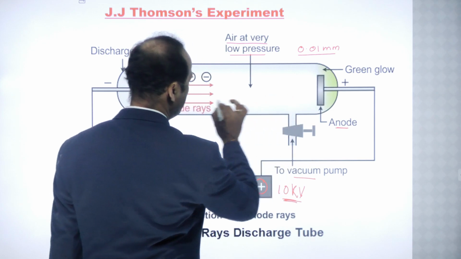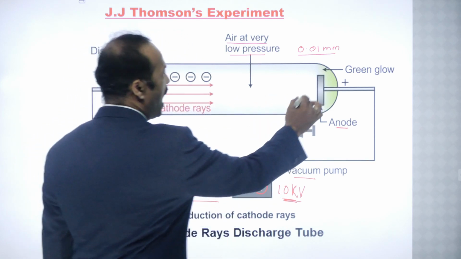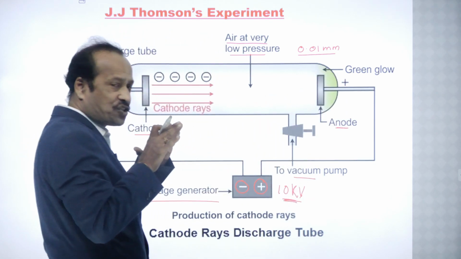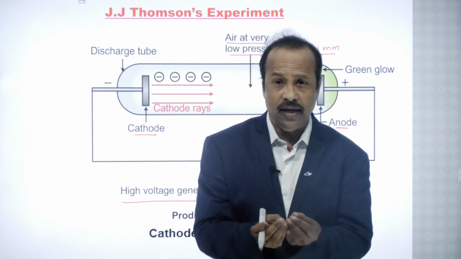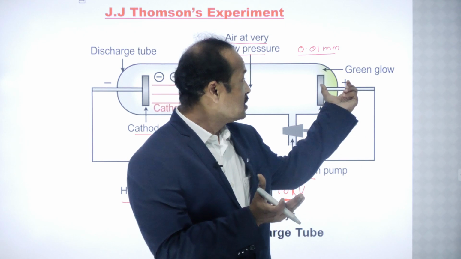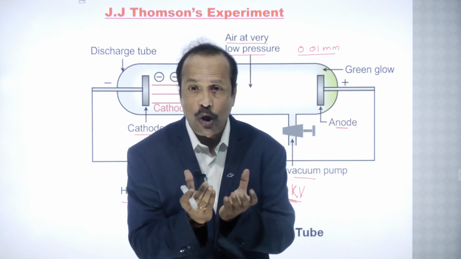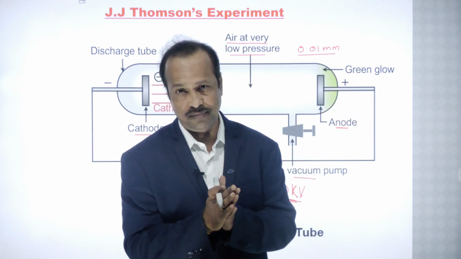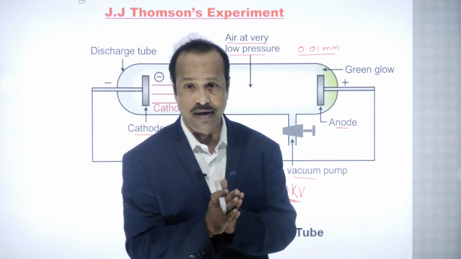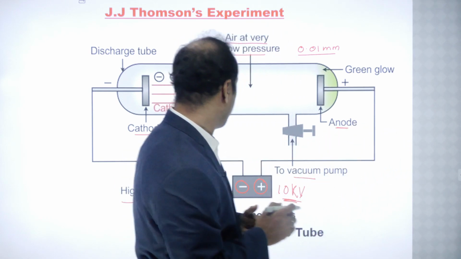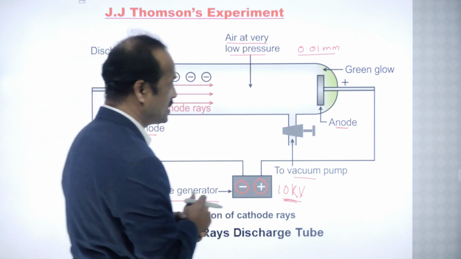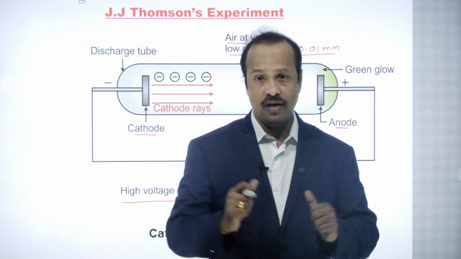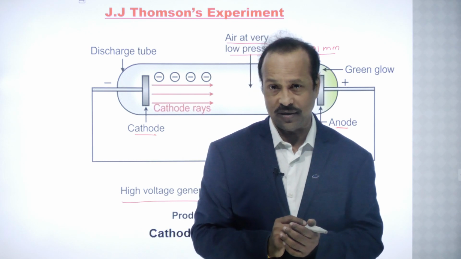When they strike the fluorescent screen, they cause the green glow at the anode. In this way J.J. Thomson discovered the cathode rays.